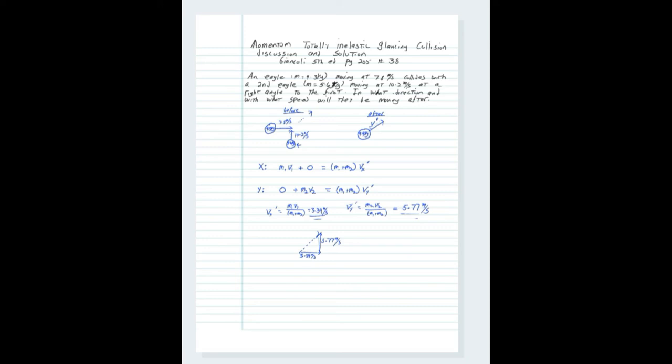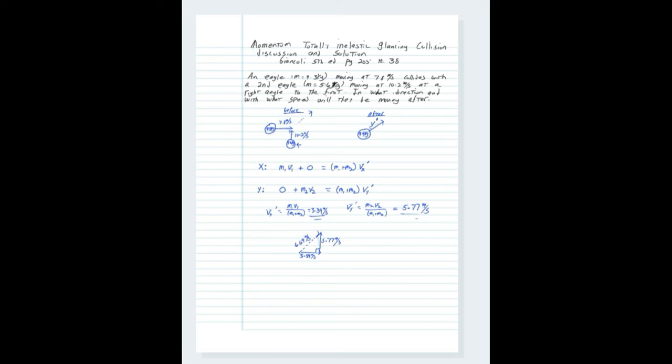I can use the Pythagorean theorem, since these are perpendicular, to find the overall velocity. So 3.39 squared plus 5.77 squared, and take the square root of that. I get 6.69. So that's how fast they're going after the collision.